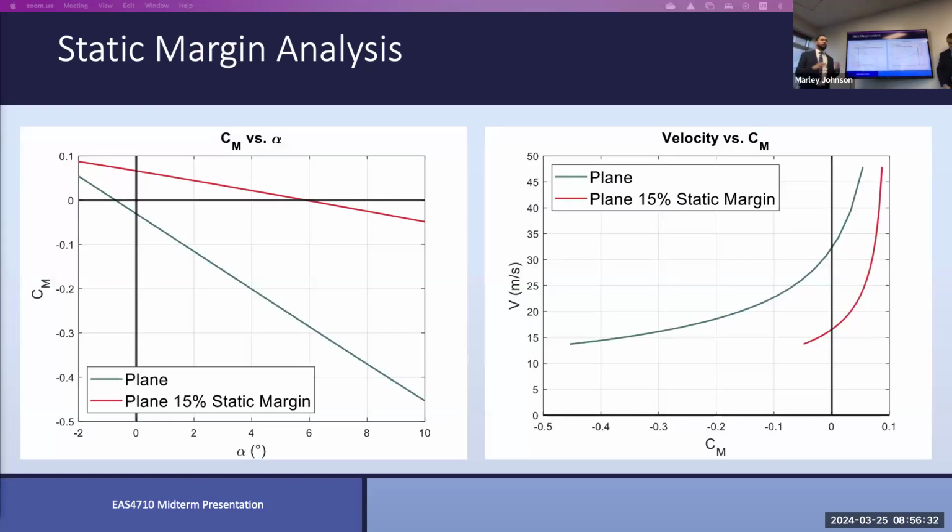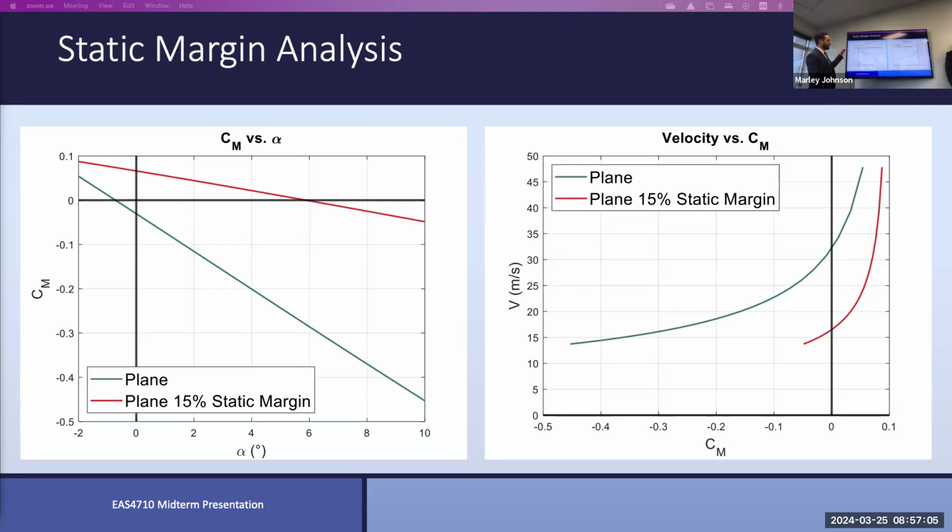So once we knew that our plane was able to fly and was stable, we also did a static margin analysis, which is basically a non-dimensionalized value between the aerodynamic center of the aircraft as well as the center of gravity. What this does is give us a bit of a margin to allow our plane to be more easily controllable, which is pretty important when you're thinking about some of the raw calculations that we have from our plane.